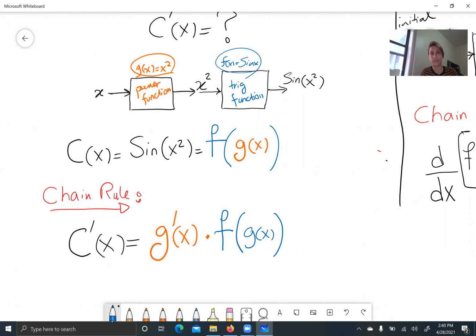That's what the chain rule says. Sorry, I forgot to put the prime notation on the derivative.